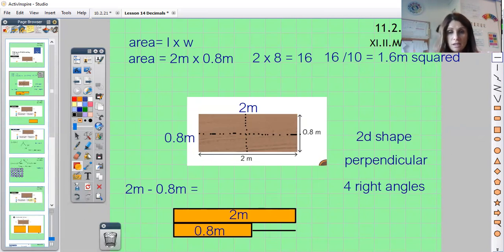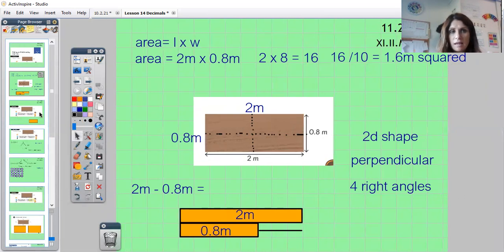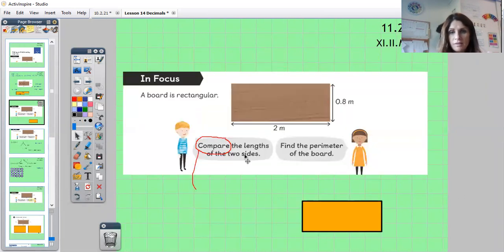So there's lots of questions that we could ask. We might say, what is 2 of the longest sides added together? 2 add 2. What is the 2 shortest sides added together? That's 0.8 add 0.8. So it's about really digging deeper into thinking about those. So I've jumped ahead of myself a little bit here because this one is compare the lengths. So those of you who have looked at your info, because these are the questions that are actually asked, compare the lengths of the 2 sides.